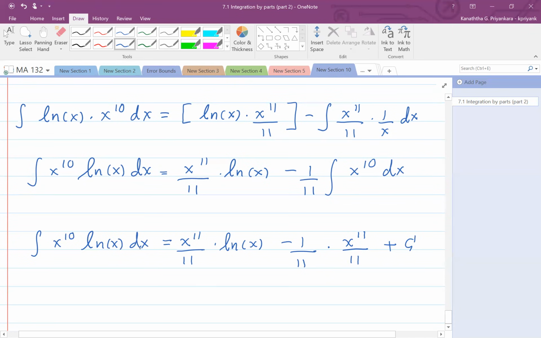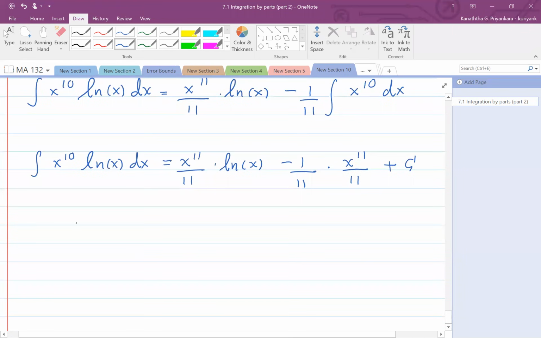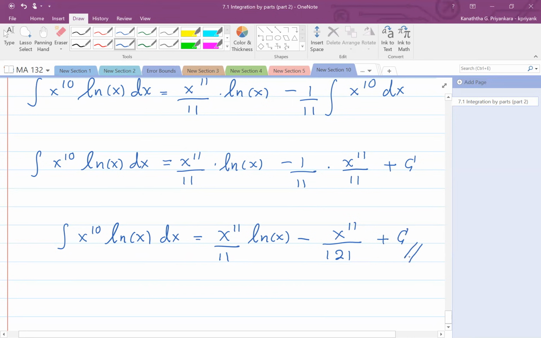Now we can simplify. So the integral of x to the power 10 ln of x dx we can write as x to the power 11 ln of x over 11 minus, if you multiply 11 times 11, that would be 121, x to the power 11, plus this constant c.